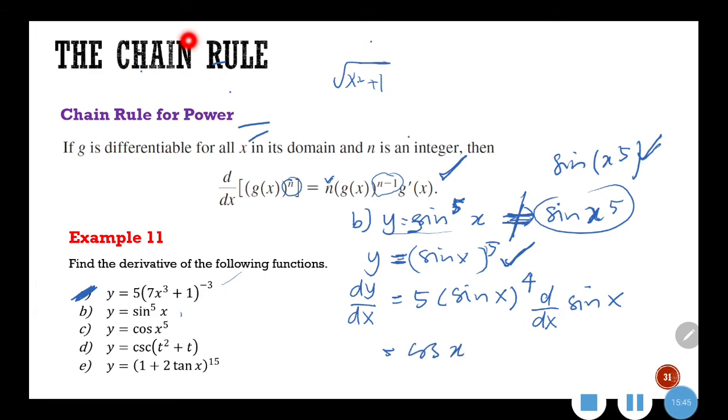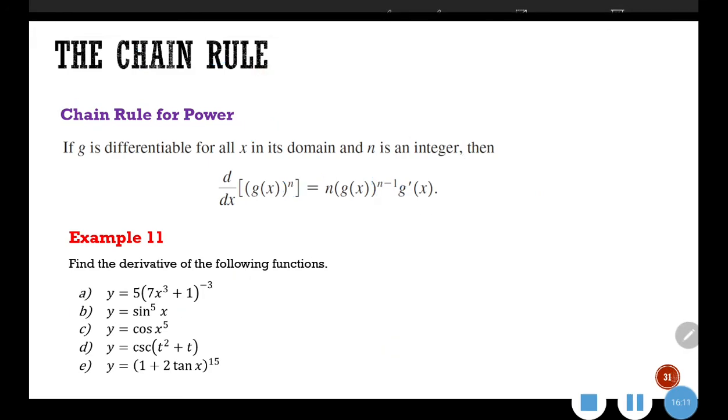Right, okay. Saya letak kat depan. Okay, I bring forward kat sini. 5 ni pun saya nak letak kat depan. Okay, this 5 comes to the front. This one comes here. So, sin x power of 4. Inilah jawapan dia. Okay, 5 cos x times sin x power of 4.